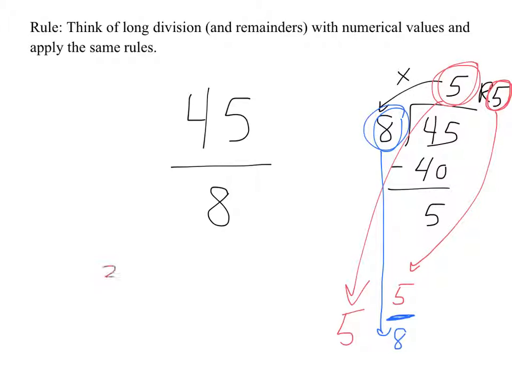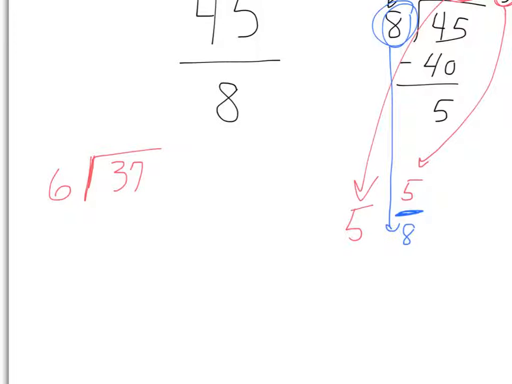Practice one on your own real quick to make sure you get it. Let's say 37 divided by 6. Give me your answer in mixed number form, obviously. What he got is a mixed number, 6 and 1/6.